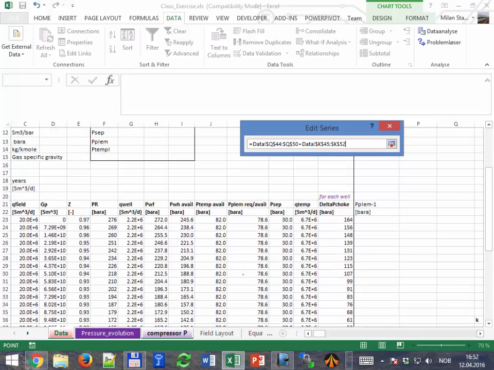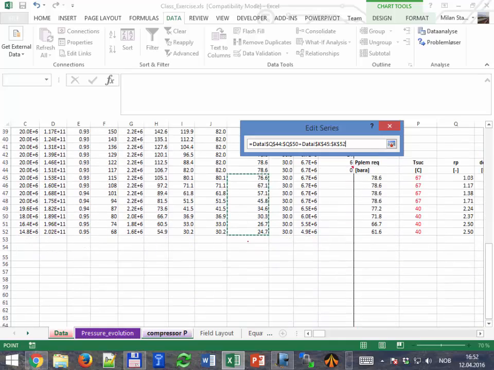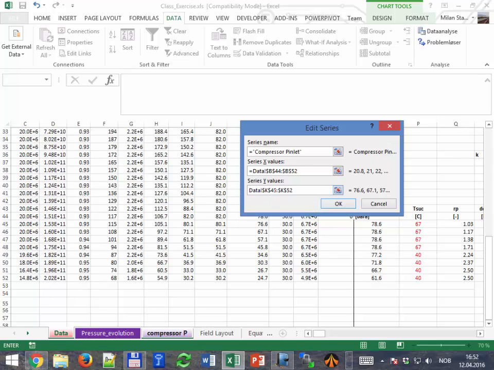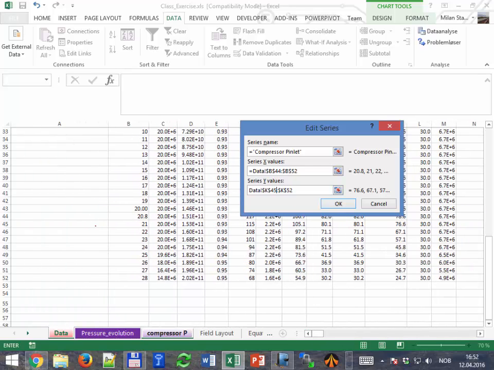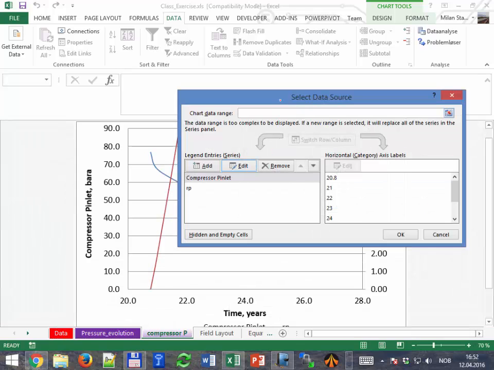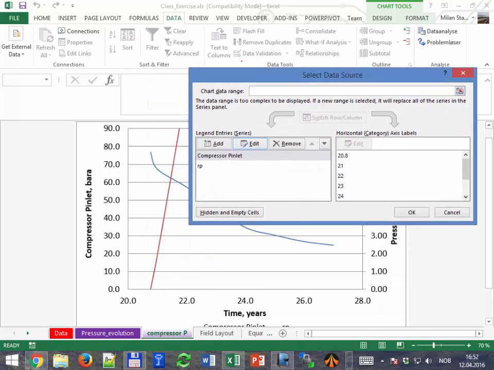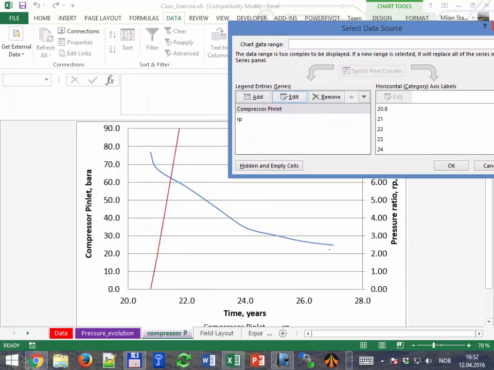This is the pressure at the suction, yeah. Should be 44 or 45? 44. Okay, so actually the trend looks okay. The pressure at the suction goes down with time.